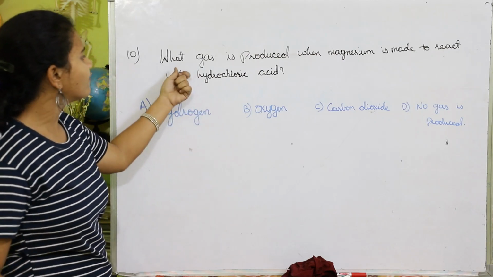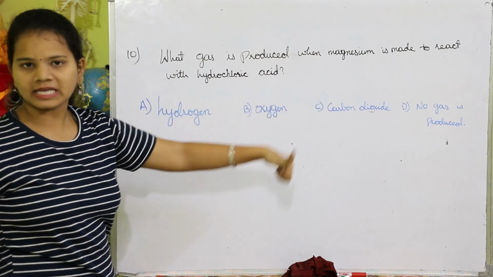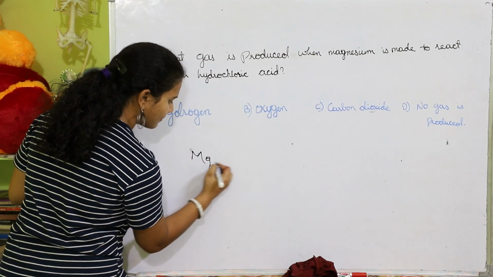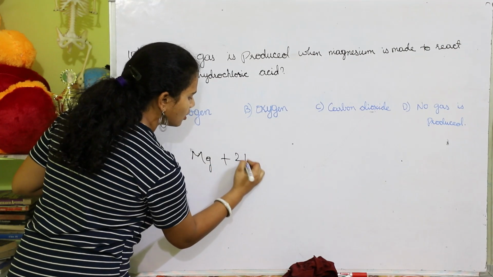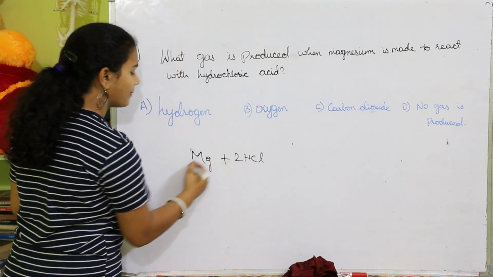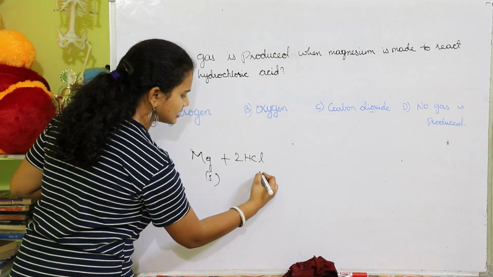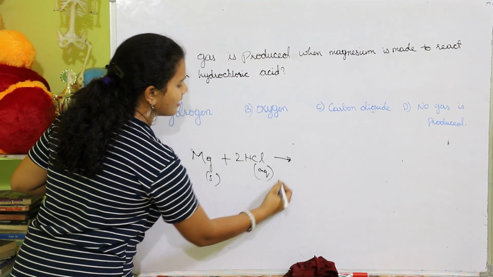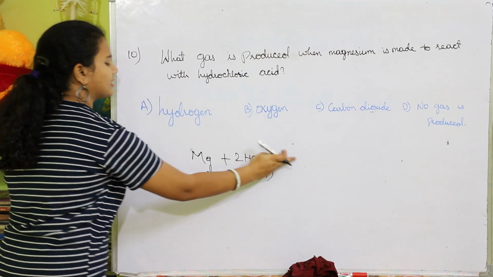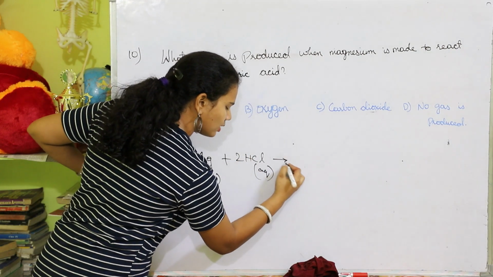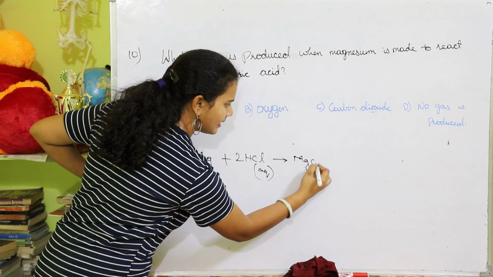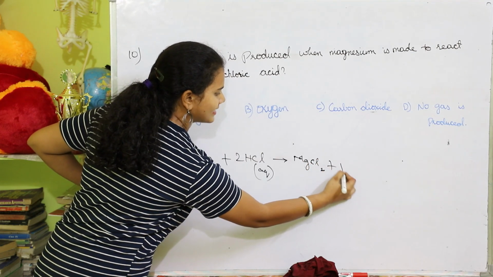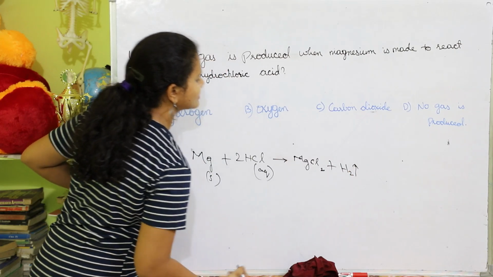Let me write down the equation. Magnesium Mg, in the solid state, plus 2HCl, in aqueous state, gives rise to magnesium chloride MgCl2 plus H2, hydrogen.